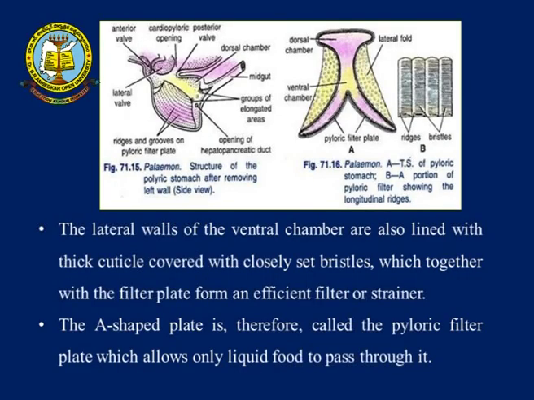The lateral walls of the ventral chamber are also lined with thick cuticle covered with closely set bristles, which together with the filter plate form an efficient filter or strainer, that is, only the soft particles of the food enter inside, the hard particles are rejected outside. The A-shaped plate is therefore called the pyloric filter plate, which allows only liquid food to pass through.